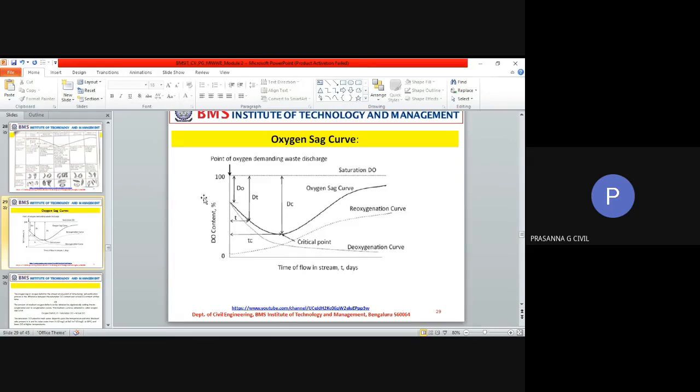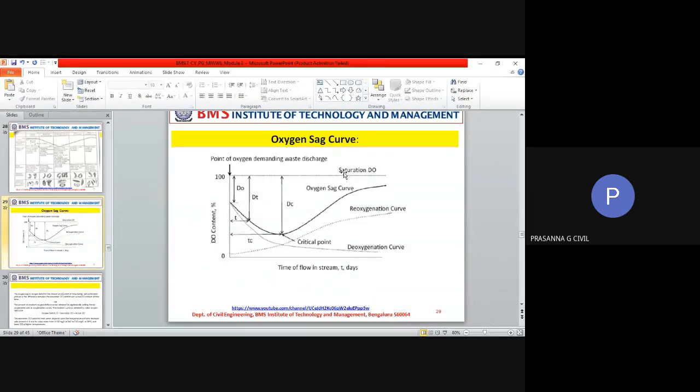All that calculation part comes a little bit later. So right now we are not going into that, but here you have the time of flow in the stream in days on the x-axis, DO content on the y-axis, and the top horizontal line gives your saturation DO.